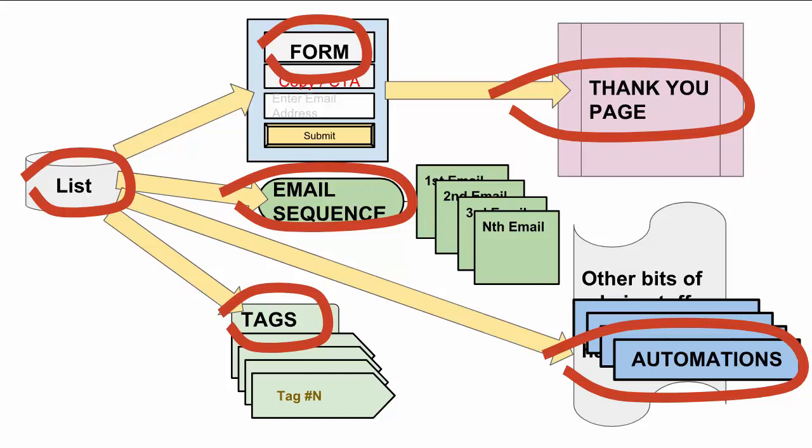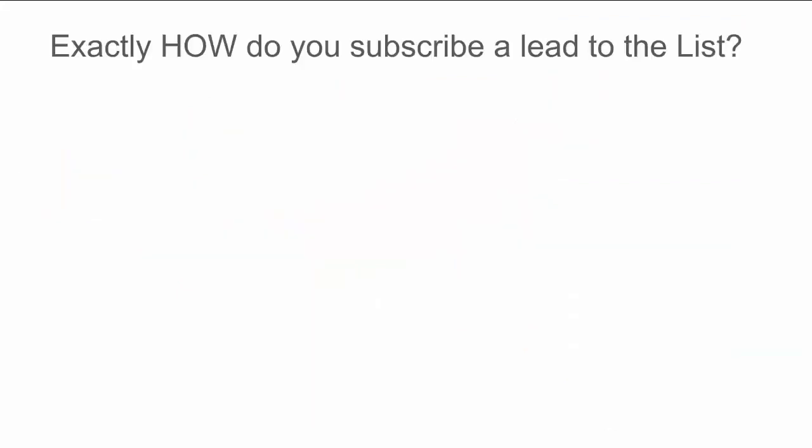But it's not just a case of making sure everything gets created. The issue with complex tools such as Kartra, and Kartra isn't an exception to this, is that there are multiple ways to achieve any particular outcome. For example, when someone signs up on a form, exactly what it is that you're going to do to get them added to a list, to get them to subscribe to the list.